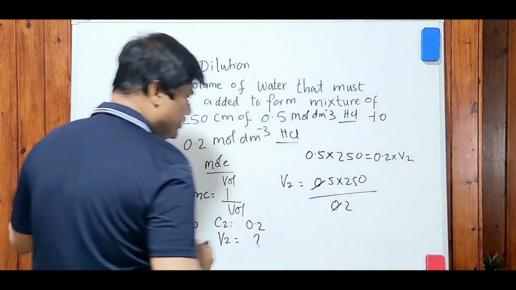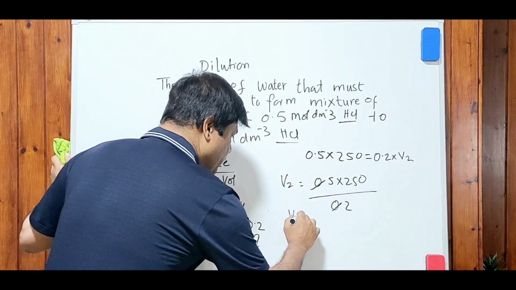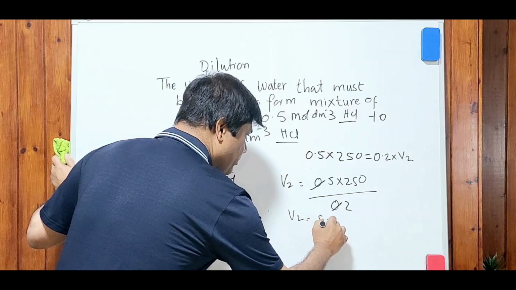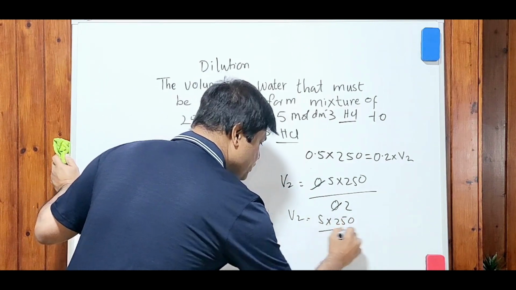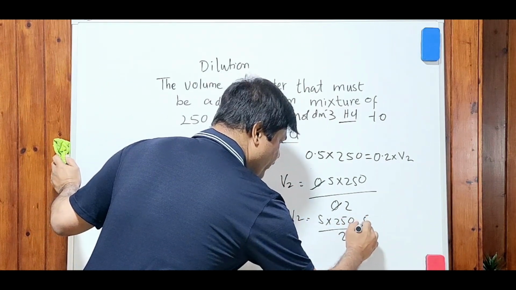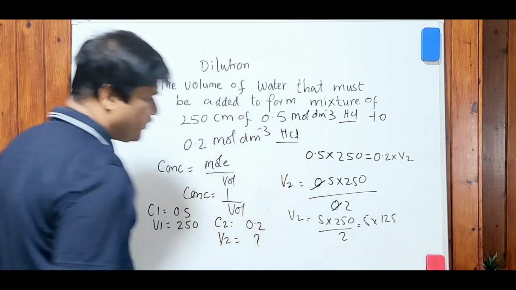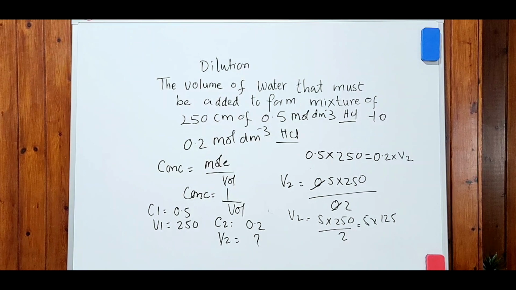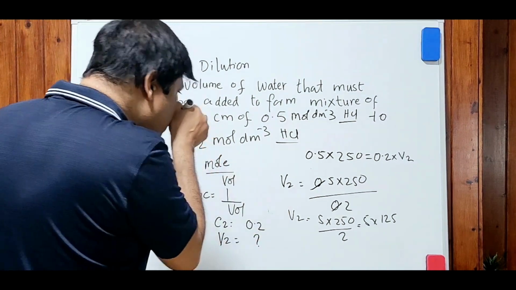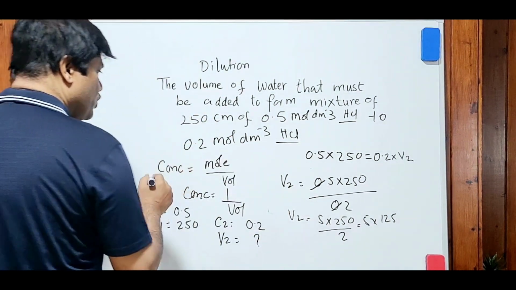No point, cancel. So V2 equals 5 times 250 divided by 2. So 5 times 125. Agree? Yep. Now just work out V2, use your calculator.